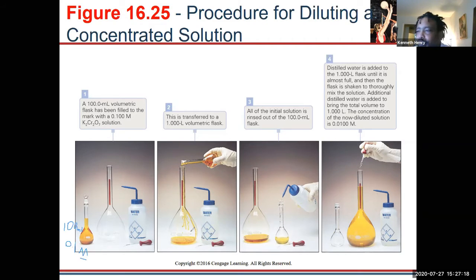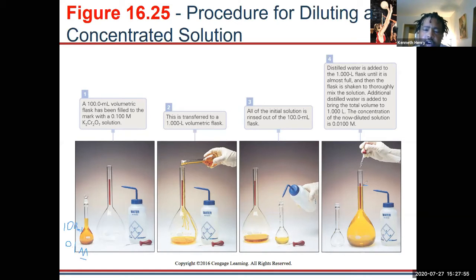We pour that whole 100 in there, and rinse our bottle a few times to make sure we're not losing anything, because if we leave anything in the bottle, we don't have the full 100 mils of that 0.1 molar solution. And then we fill this up to the 1,000 mark.